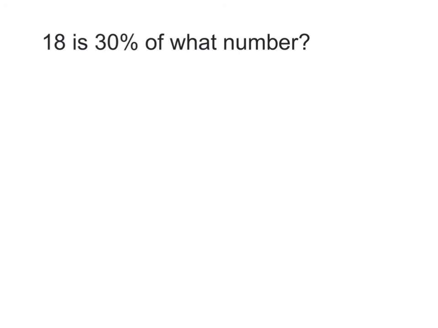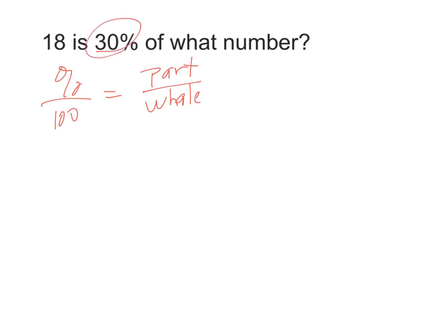Here's another one for you to try. 18 is 30% of what number? Hit pause, solve the problem, then come back. Well, hopefully you got the right answer. Hope you used the universal percent proportion. Percent over 100 equals part over whole. Percent, always the easiest. 30 over 100.